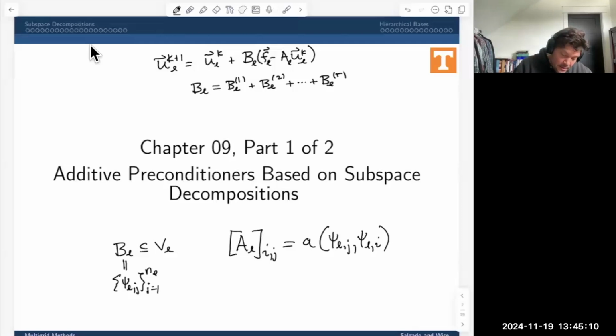And like I said, if that's true, then I minus B_L times A_L is just equal to I_L minus B_L1 times A_L, plus dot dot dot up to I_L minus B_LR A_L.